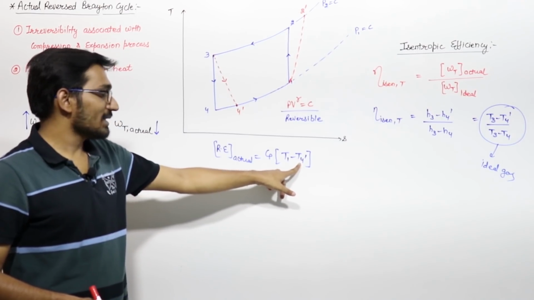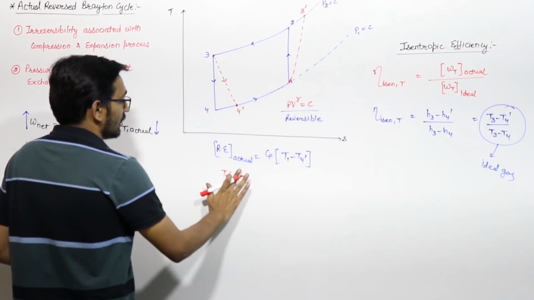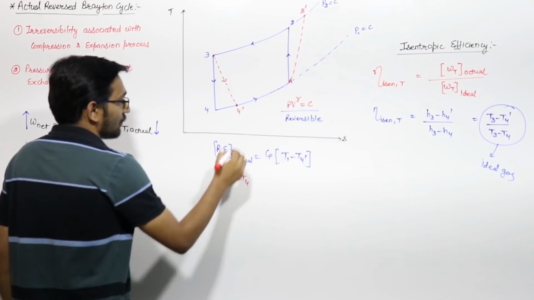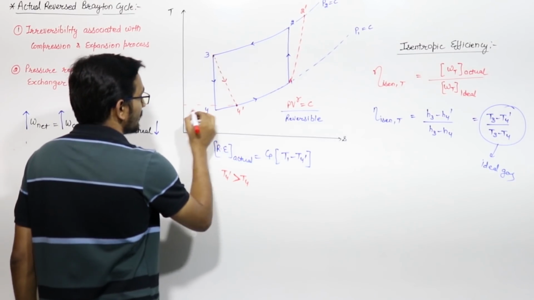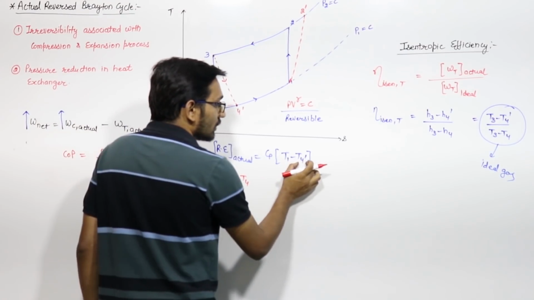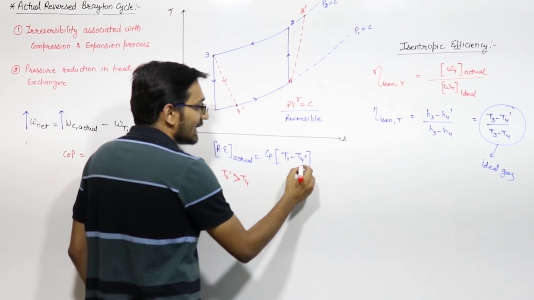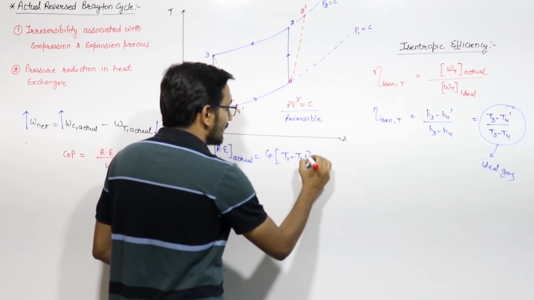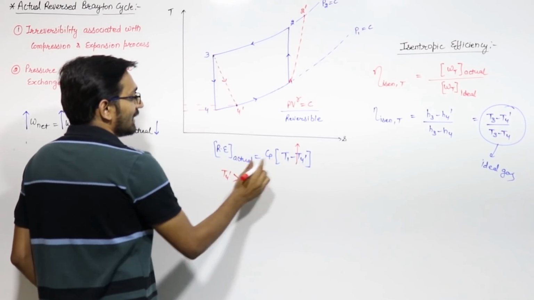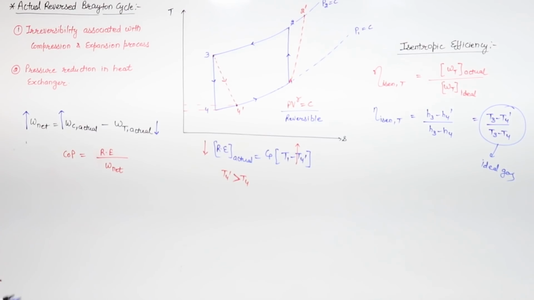This T4 dash is more than this T4. If this T4 dash increased because of irreversibility, then since there is a minus sign, the refrigeration effect of this cycle is decreased.